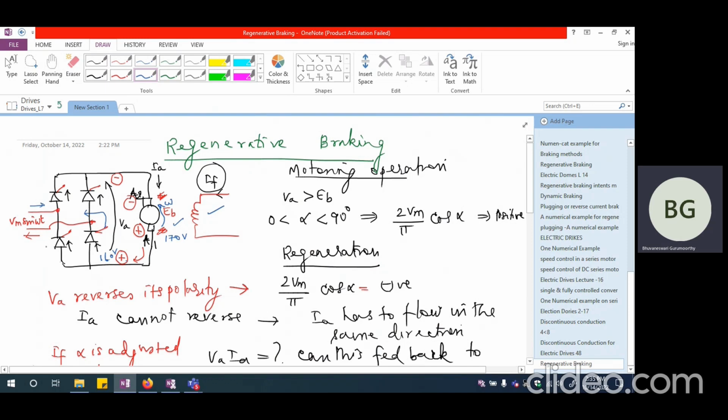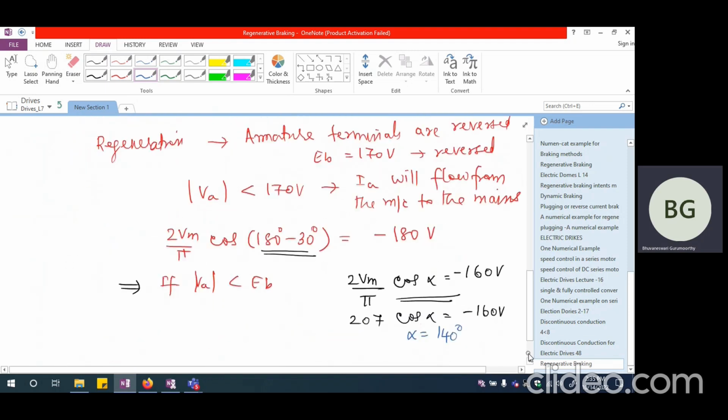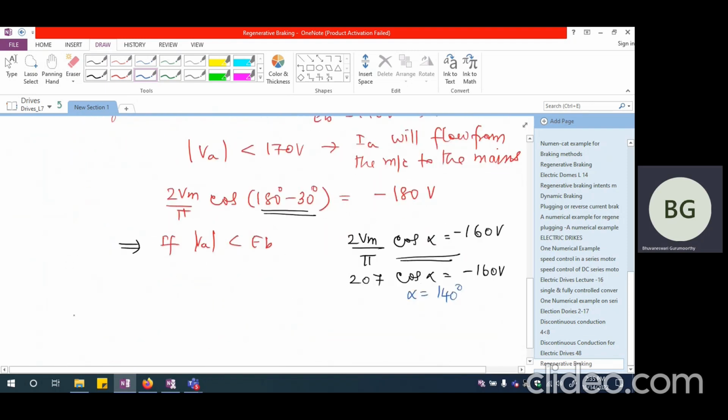Now, because it is returning the power, the speed will decrease. Once the speed decreases, the back EMF, which originally was 170 volts, will decrease as more and more power is fed back to the mains.